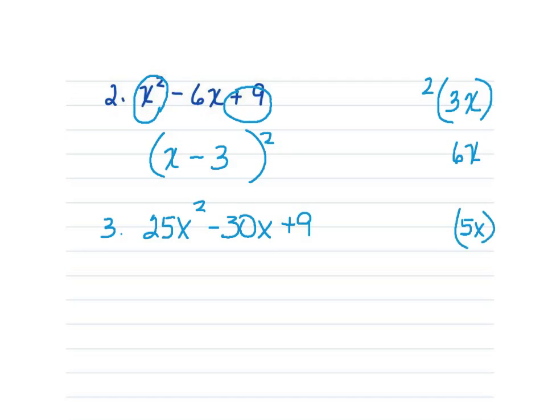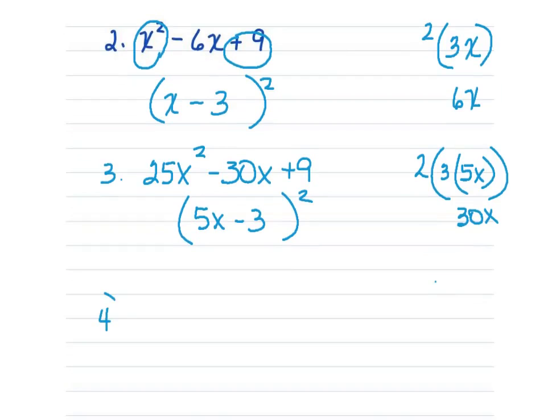Is the last term a perfect square? The answer is yes. Positive 9 is a perfect square, and its square root is 3. 3 times 5x is 15x. If I were to double that, I would have 30x. Is that my middle term? The answer is yes. Therefore, to factor this, I can use the perfect square trinomial pattern. I have 5x minus 3 squared.